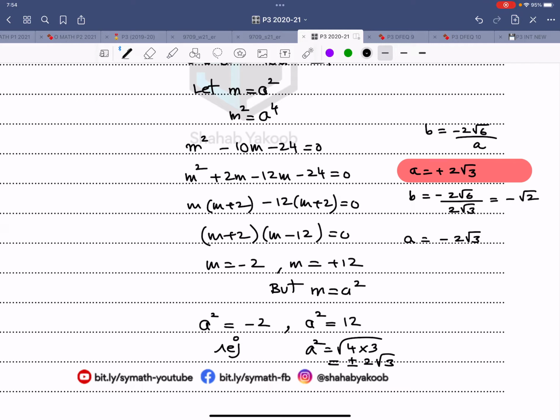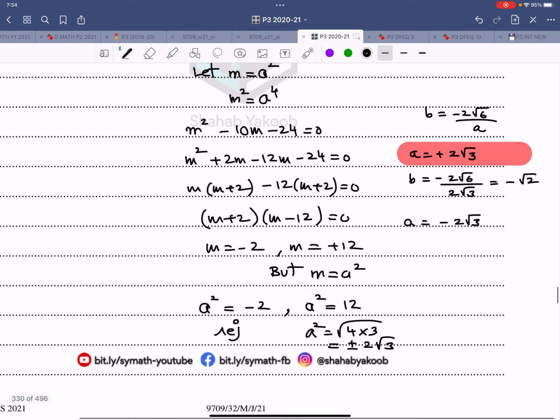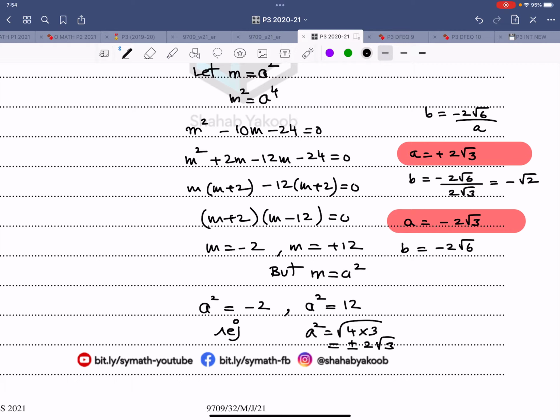The second one, let me highlight it again. So now this time b equals minus 2 root 6 divided by negative 2 root 3. Negative cancel. That comes out to be plus root 2. Therefore, working towards the final answer.